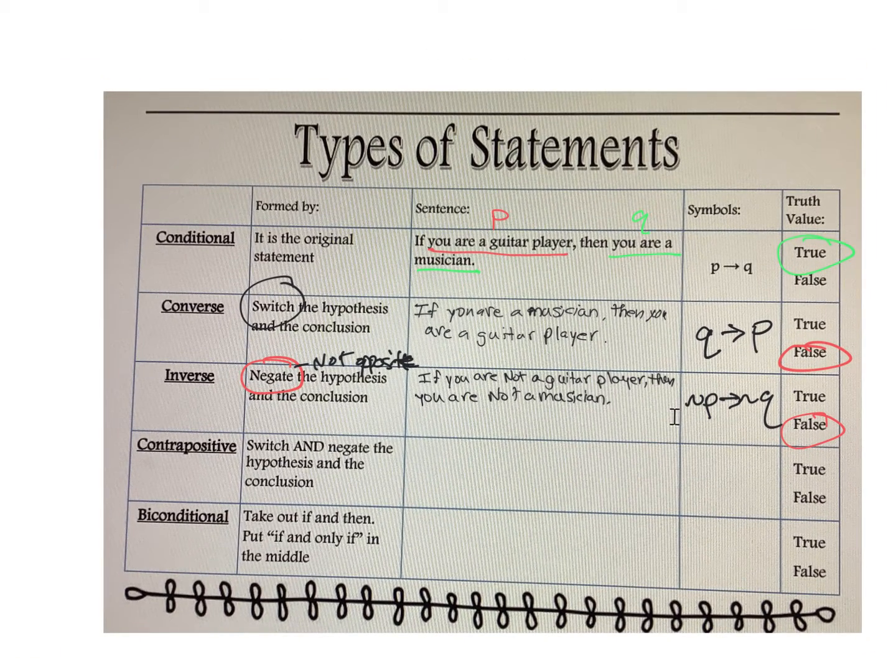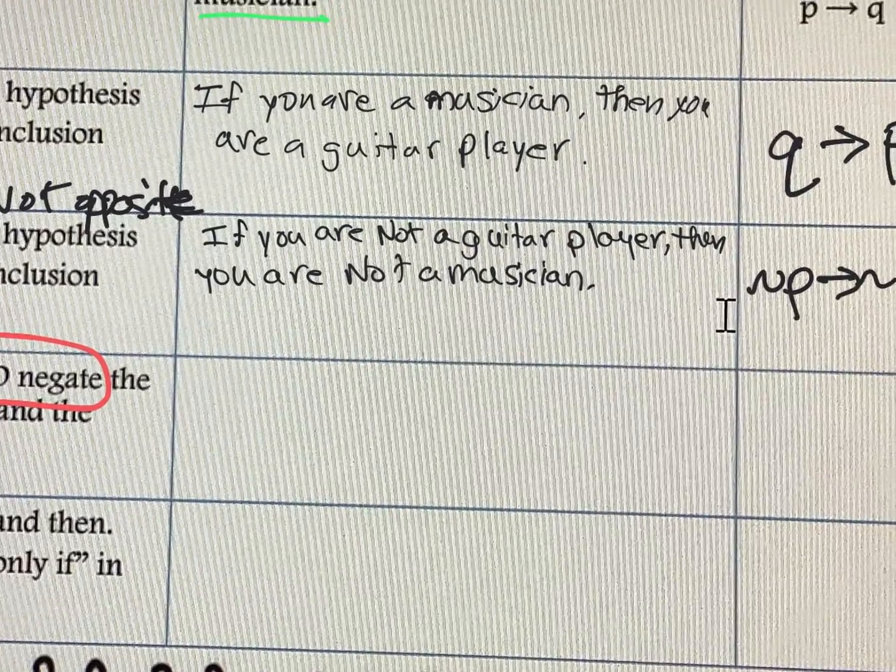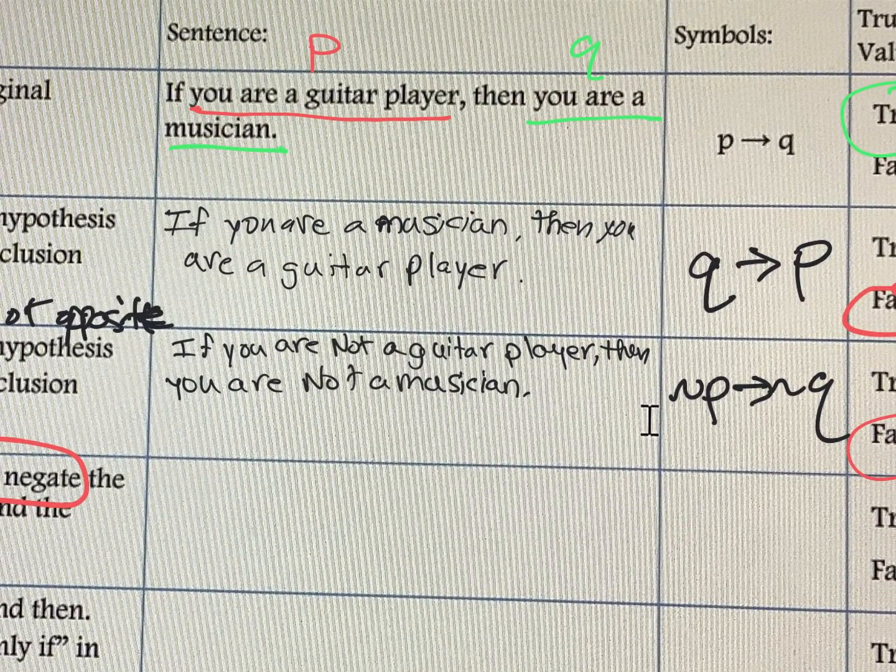Okay, so now let's look at contrapositive. On contrapositive, you're going to switch and negate. Remember what is negate? It is the opposite, or you're using the word not. But remember, you can't do not, because two negatives make a positive. All right? So let's do this one right here. So we're going back to our conditional statement, and we're going to switch them. So technically, if you think about it, it's going to be this statement right here, your converse statement. And then we're just adding the not.